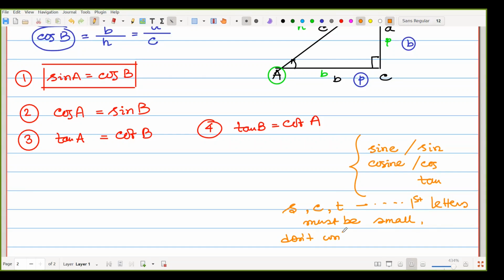Don't write them in capital. That means never write sin like that. Always write small in that way.